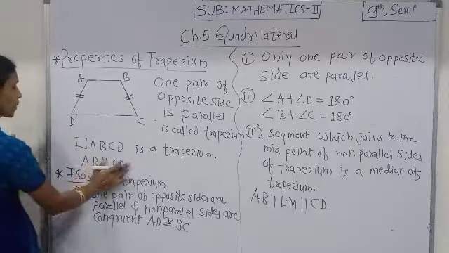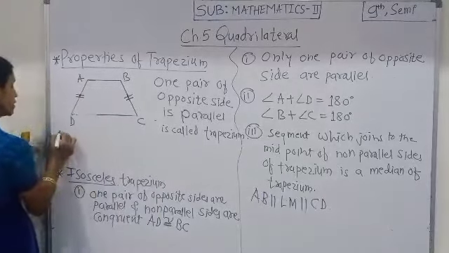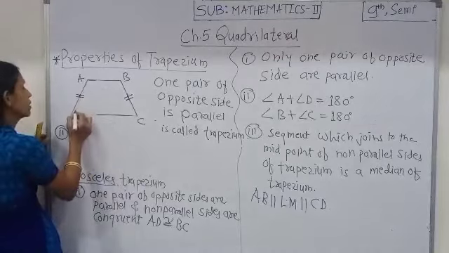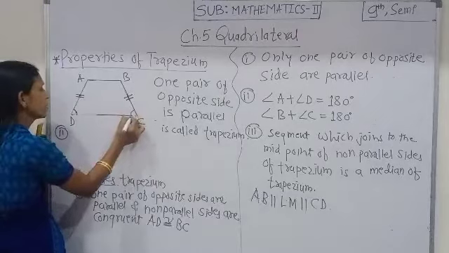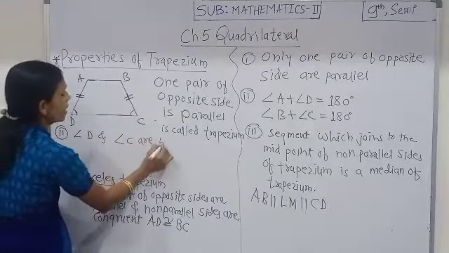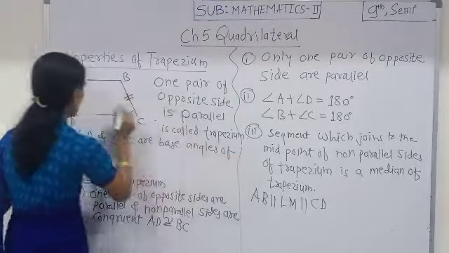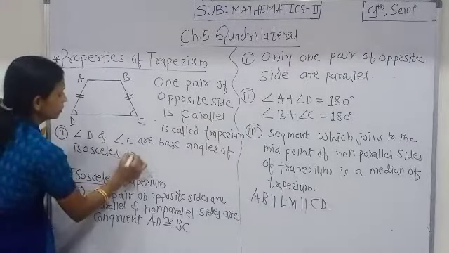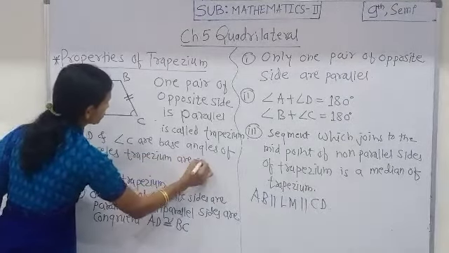One more property related to the isosceles trapezium is that the base angles, angle D and angle C, are congruent.